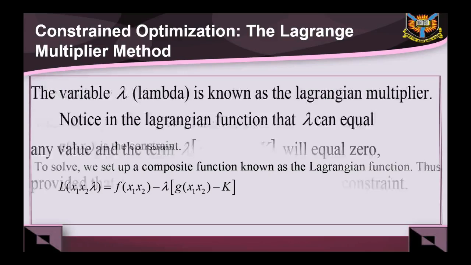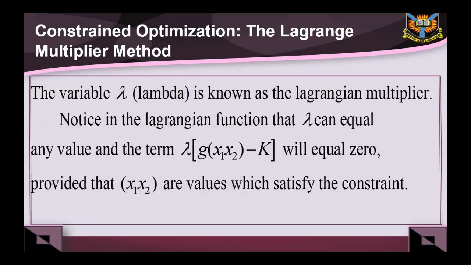The variable lambda is known as the Lagrangian multiplier. Notice in the Lagrangian function that lambda can equal any value, and the term lambda of g of x1, x2 in bracket minus k will equal 0, provided that x1, x2 are values which satisfy the constraint.